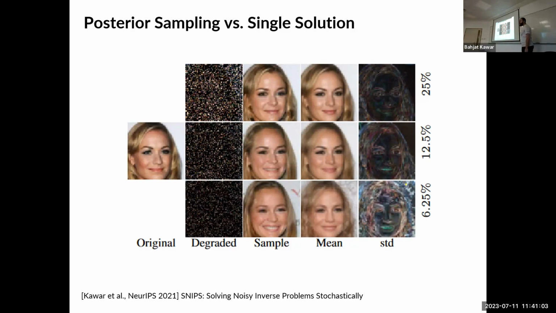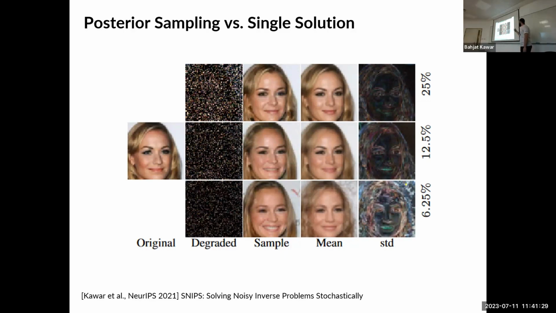And once we start reducing the amount of data we keep, the problem becomes harder. Because the problem becomes harder, if you look at the mean solution, even though it has better mean squared error, which is not shown in the figure, but it does, it looks less and less like an actual face. It has these artifacts. Whereas our sample, although it looks less and less like the original image, it still looks like a valid face.